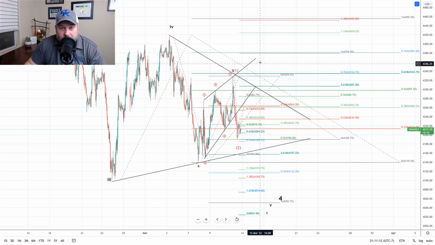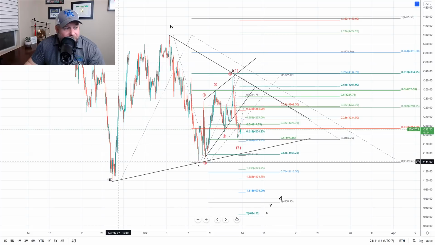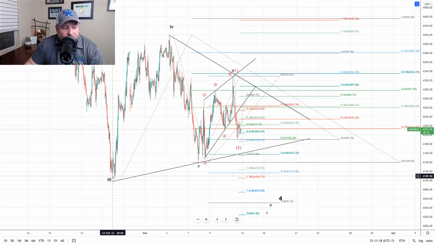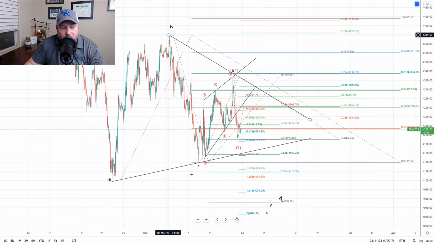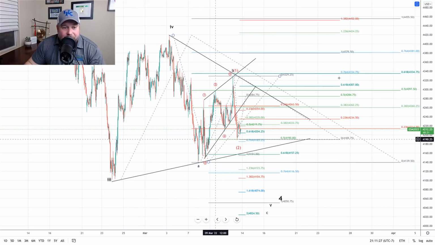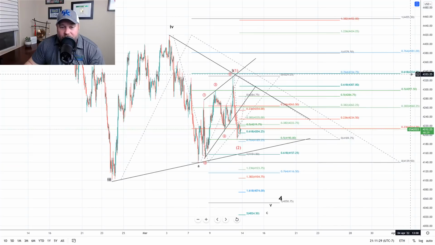Okay, the second thing we would look for is a move through that minor pivot, which again would be the 618 and 764 of these bigger waves 1 and 2. So remember, if this is bullish, this would be wave 1 up here, bigger wave 1, and bigger wave 2 down here. All right. And then we would get a pivot off of that that comes in at 43.35. So we're right into the next pivot. They overlap a little bit here. We'd want to see a push over 43.81.